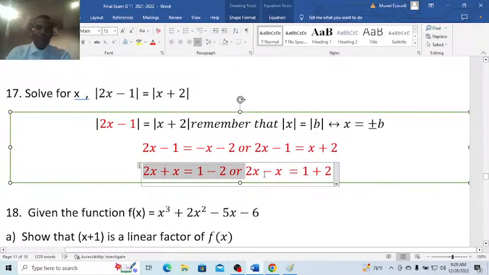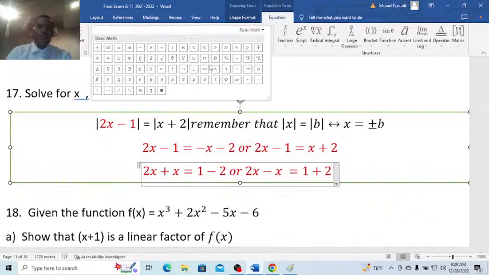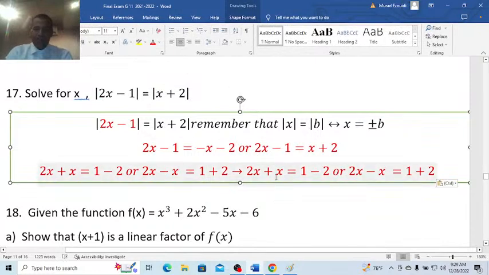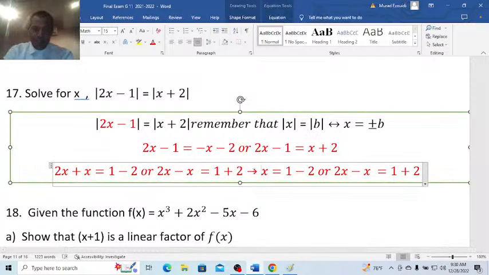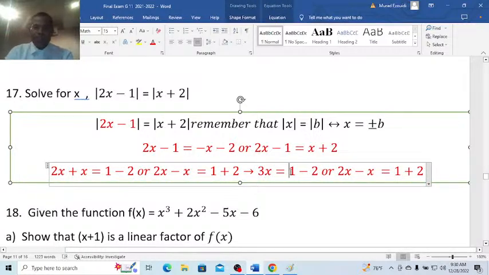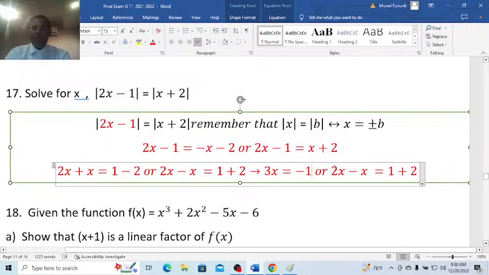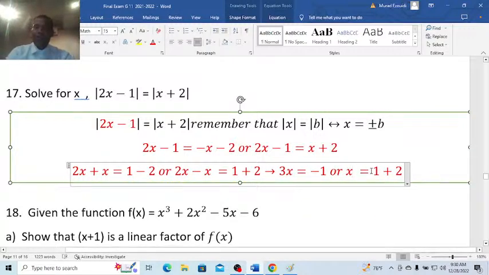Okay, copy. What will this give us, learners? 2x plus x is 3x, equal to minus 1, because 1 minus 2 is minus 1. Or 2x minus x is x, no need to cancel, equal to 1 plus 2, which is 3.